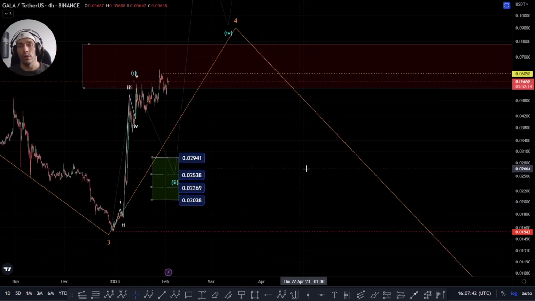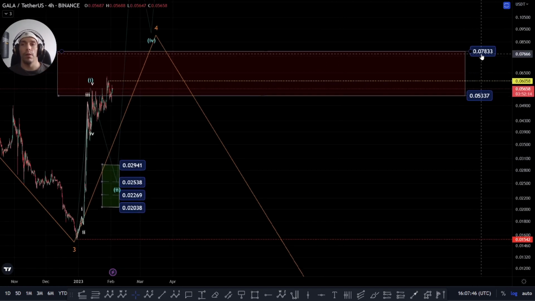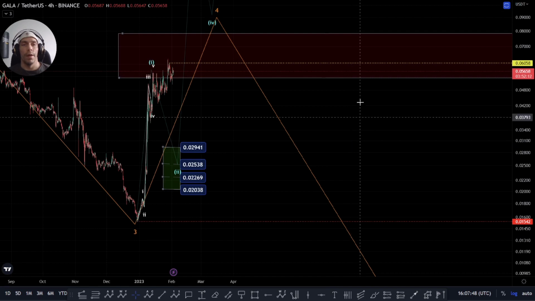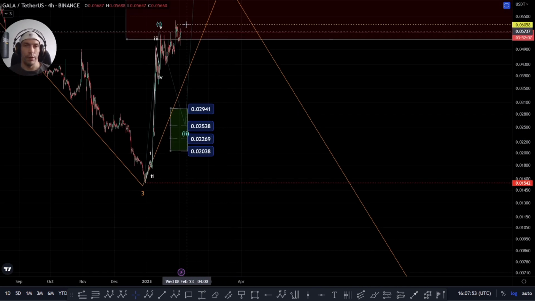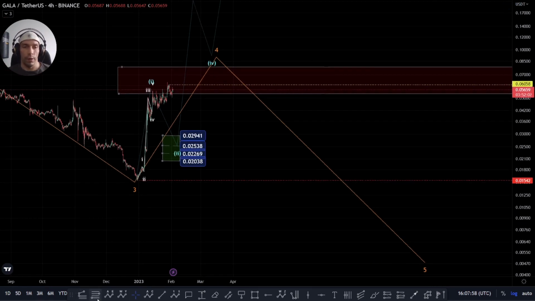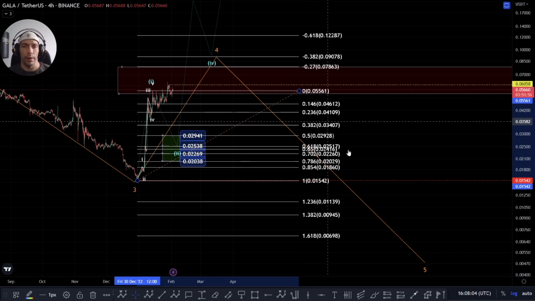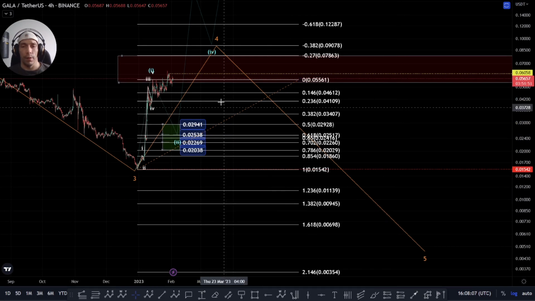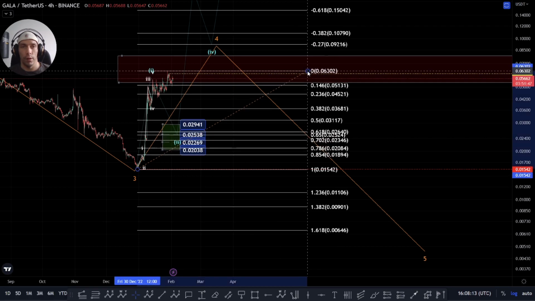Like I said, this fourth wave area is this 5337 to this 7833, so we are currently within it. If we do start to break down here and take out this low point, effectively we could be arguing that we have a fifth wave in play. It wouldn't make sense for it to be playing out straight as it is here, but I would have to take it from this high point.